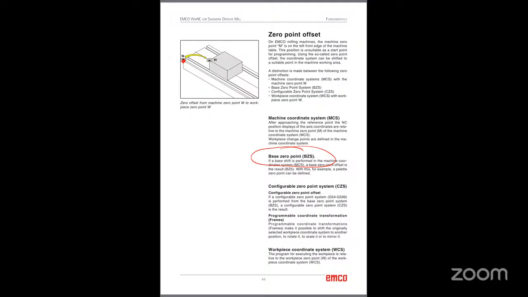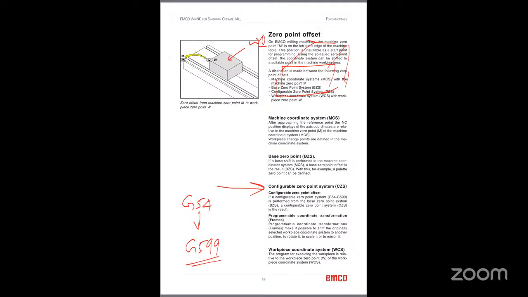Next is the configurable 0 point system. We will be using this commonly in our machine. That means we have G54 to G599. So for example, this is workpiece 1, and I have another workpiece.